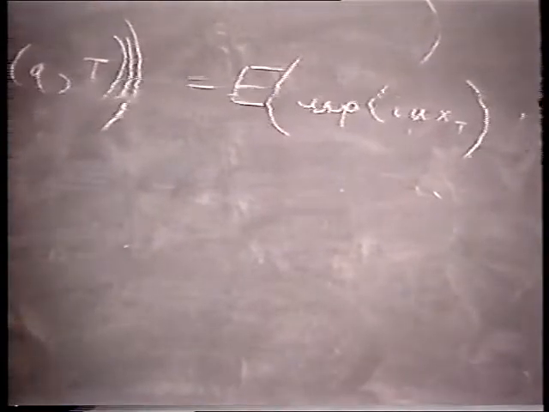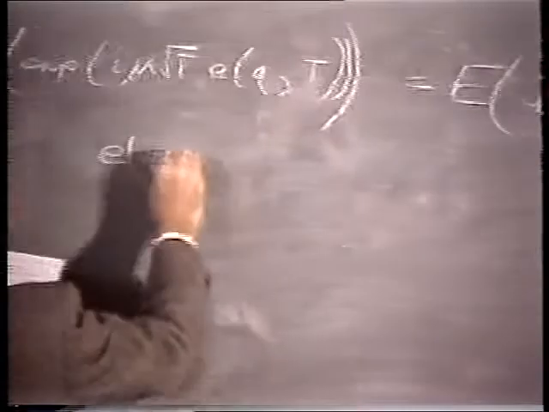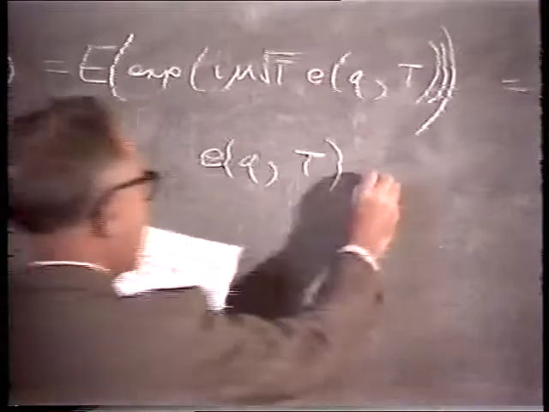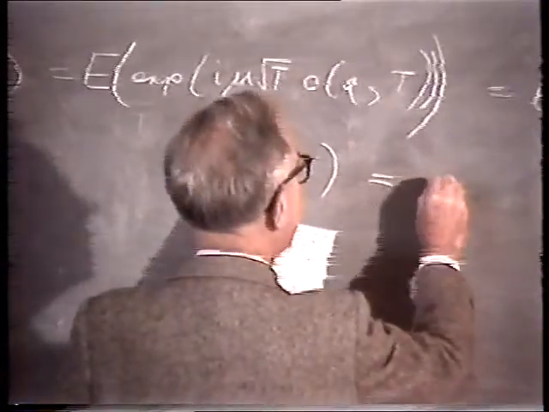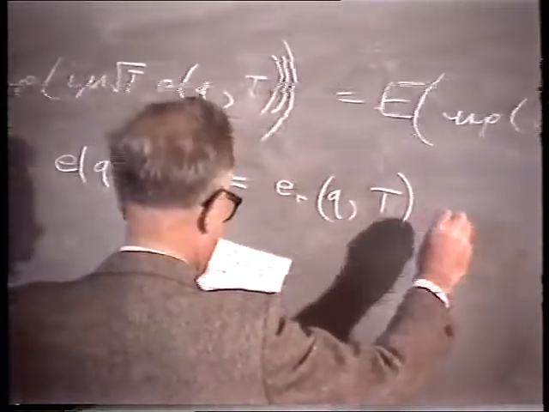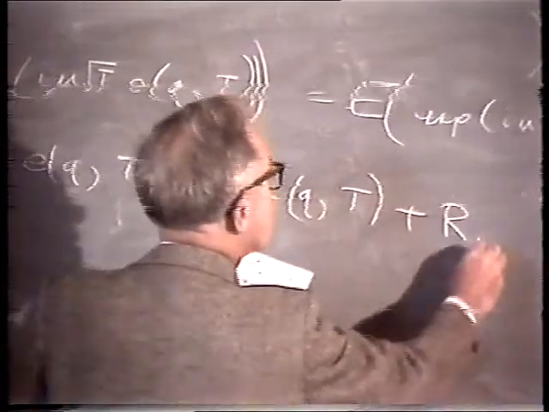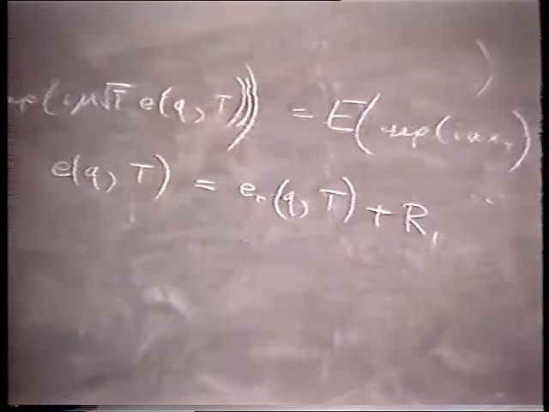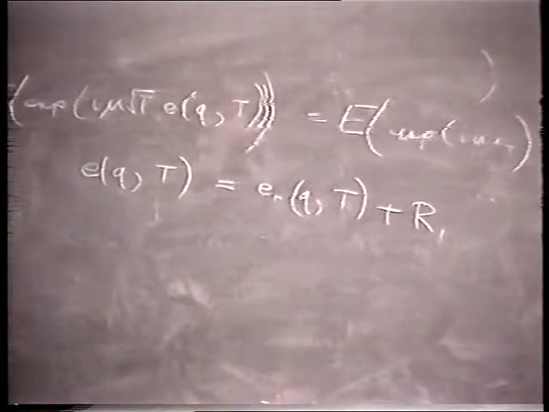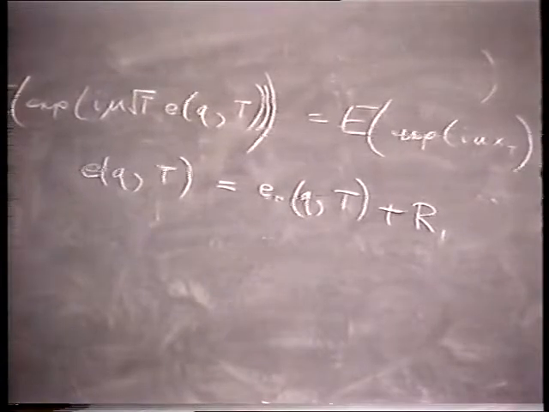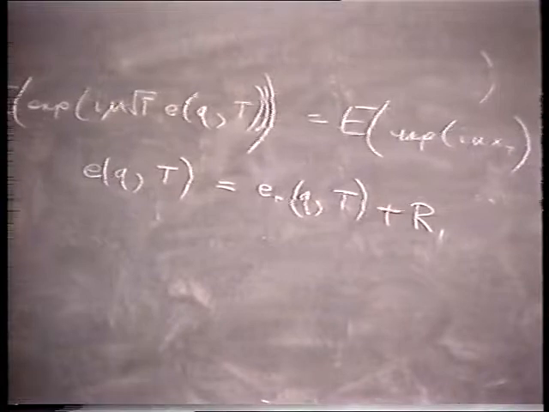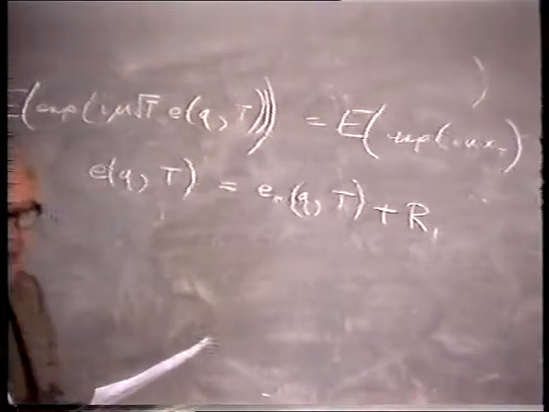The procedure goes then as follows, that we first of all approximate e^(iqt) by a Taylor series expansion about the origin. And I'll just label the remainder on that expansion R1. The little r means that we're taking r terms in the Taylor series expansion, and then capital R1 is the usual Taylor series expansion remainder.